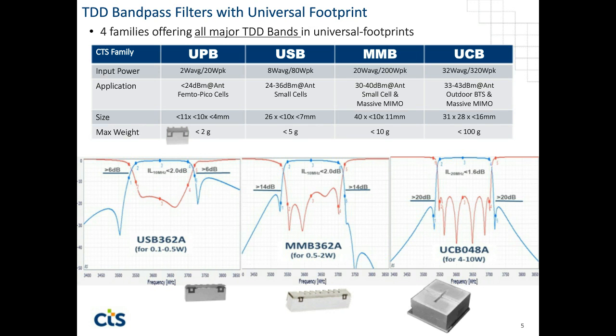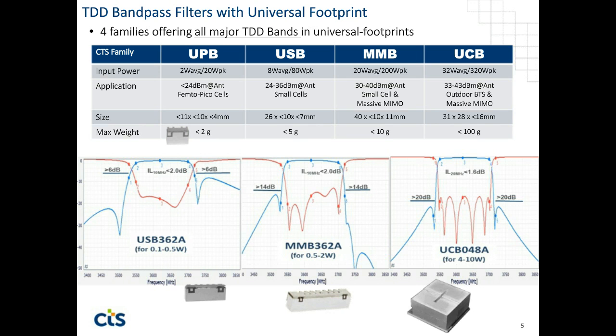And it's roughly the size of the ULB described on the previous slide, but has the added benefit of a little extra performance and low pass filtering, highest power handling, and the highest Q. But you should not be judging these filters, any of these families, based on the power handling per se.